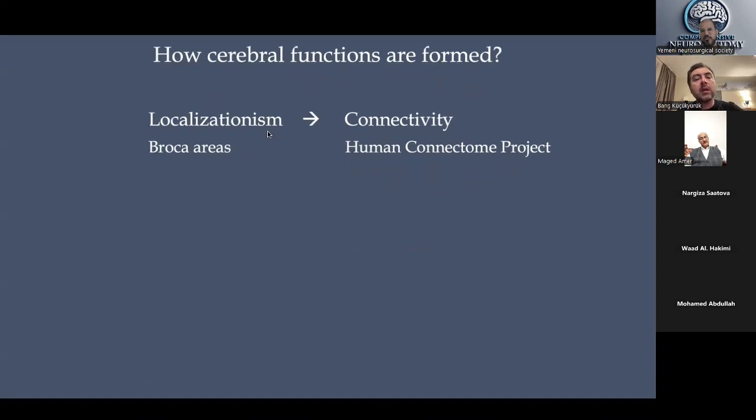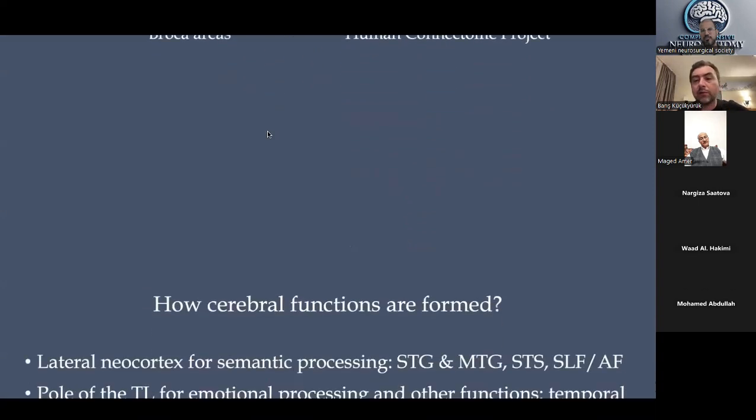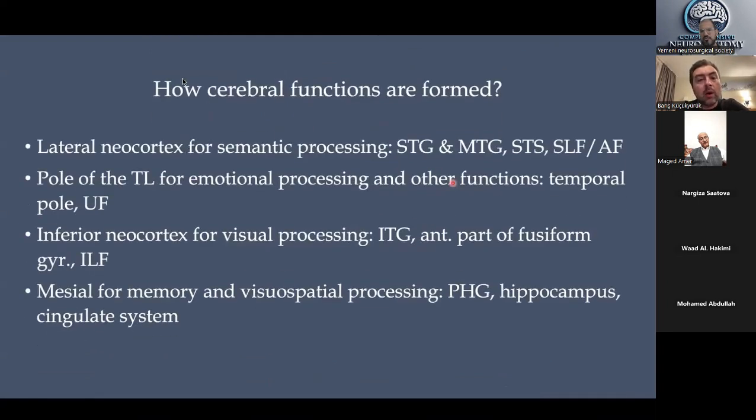So what I mean is this: when we look at the functions of the temporal lobe, which is my topic today, there are several, but mainly four different functions. First is semantic processing.